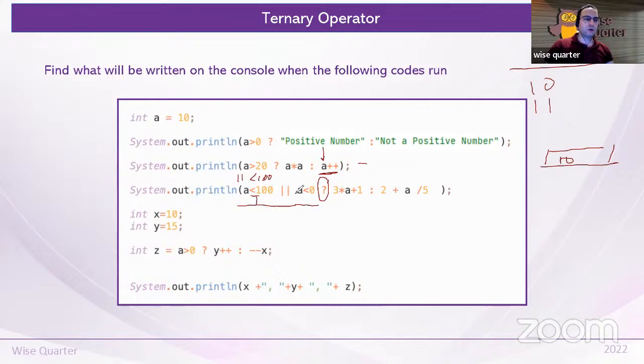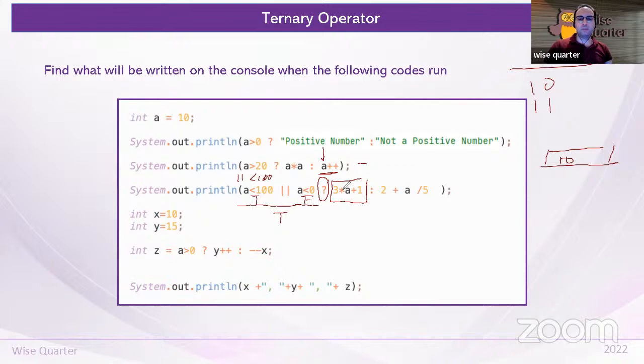Actually, I do not need to check the other one, because if one of them is true, the result will be true. But still, let's check it. And it's false. 11 is not lower than 0. But still, the final value is true. So we need to execute this code.